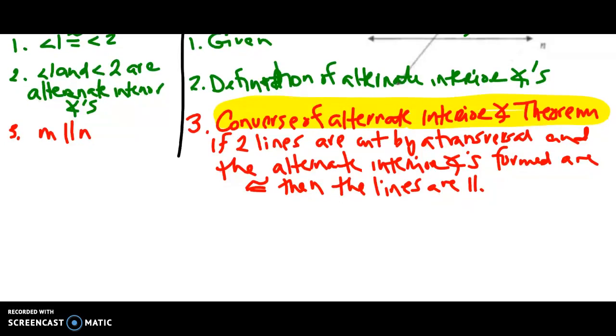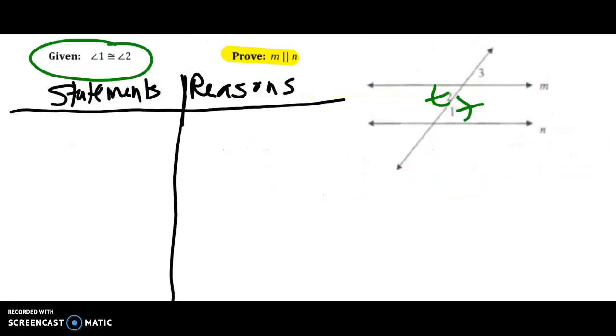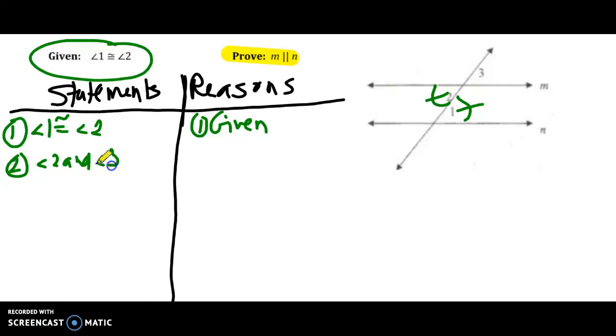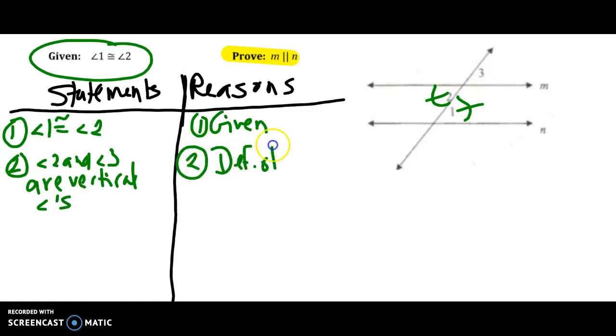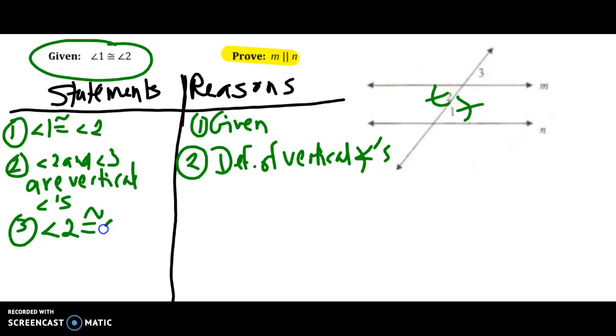So let me show you another way of doing this proof. Here's the second method that you could use. Angle 1 is congruent to angle 2, again, given. We can say that angle 2 and angle 3 are vertical angles. Definition of vertical angles. And so we know that angle 2 is congruent to angle 3.